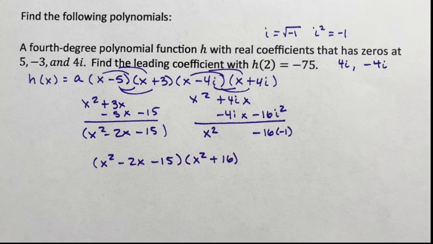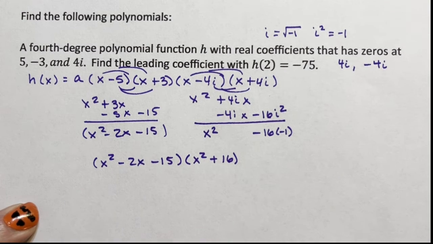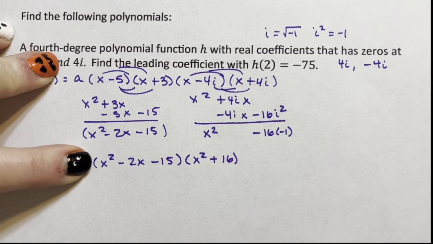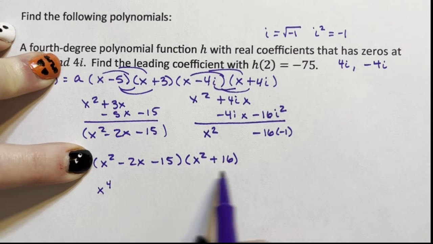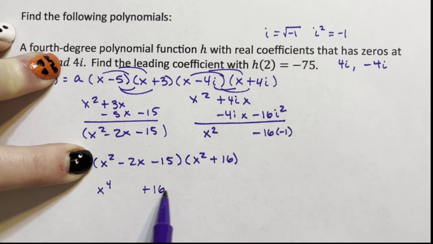All right, so when I multiply these together, I'm going to distribute these very carefully. So I'm going to distribute the x squared through. I'm going to get x to the fourth, and I'm going to leave a space because I don't have a third term, so I'm going to say plus 16x squared.